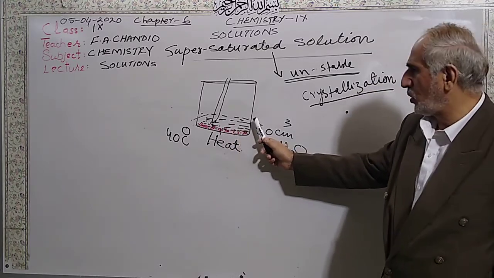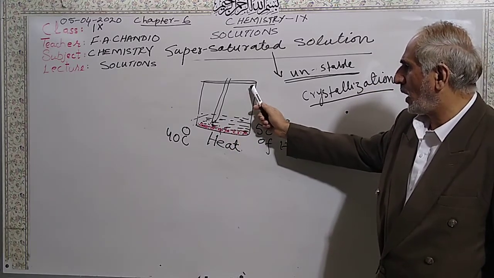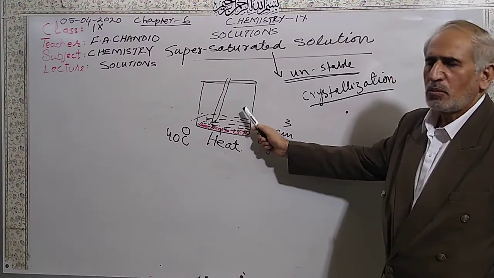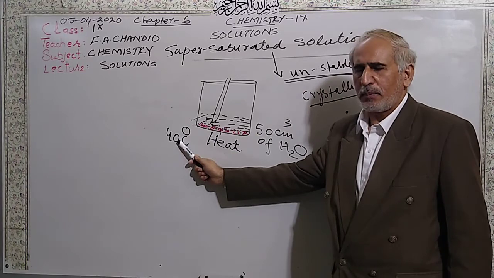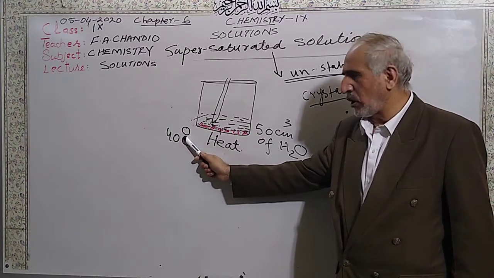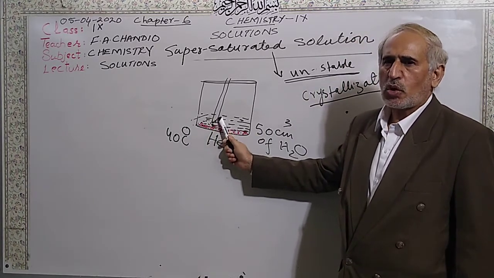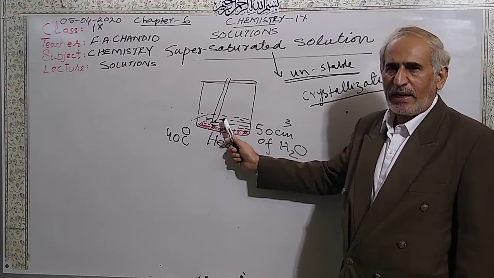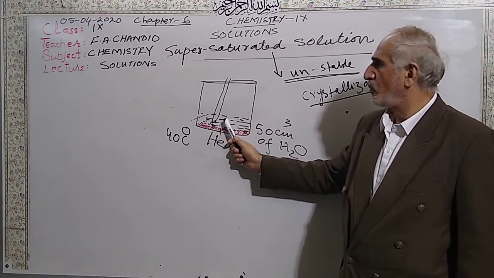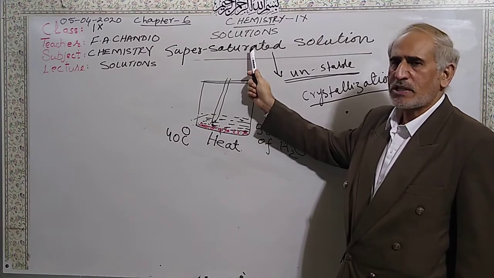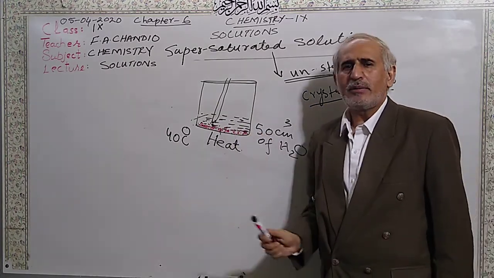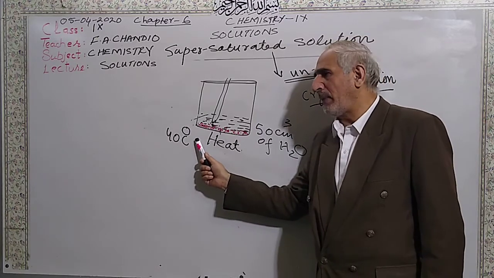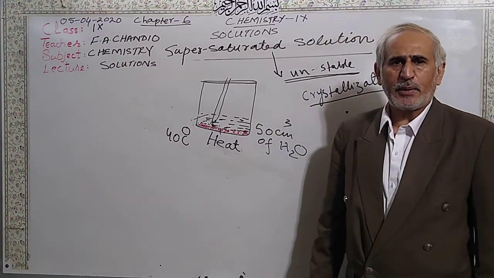Again, I am telling you that when you add more solute by increasing the temperature, at that particular temperature, the solution with more solute dissolved is called a supersaturated solution. It is unstable because we can't maintain the temperature.